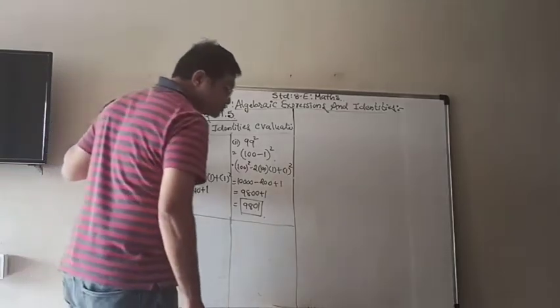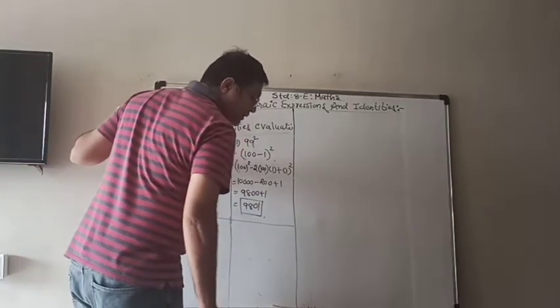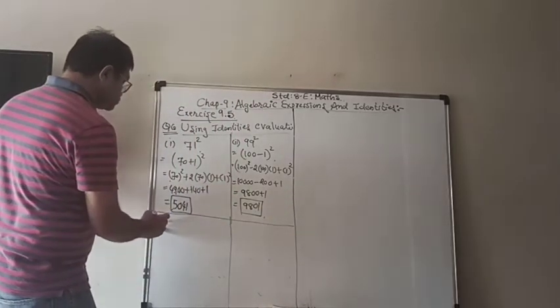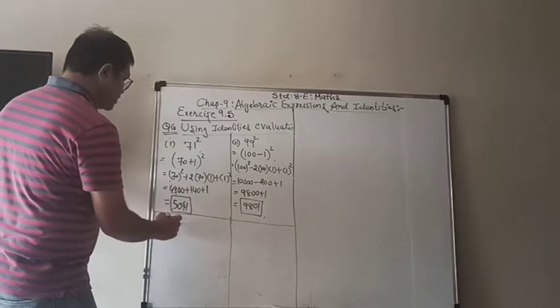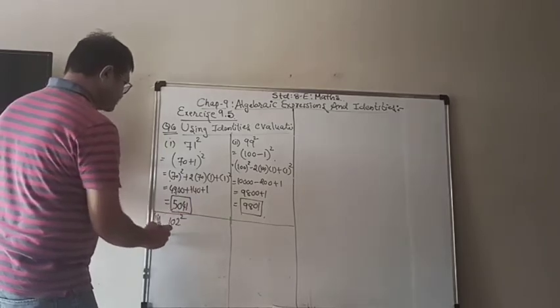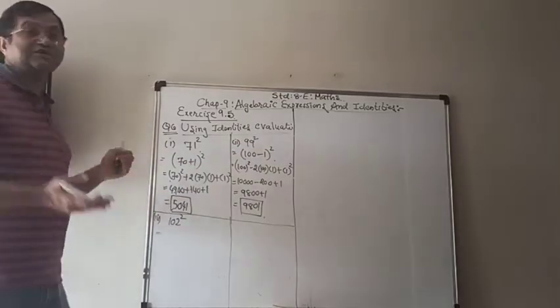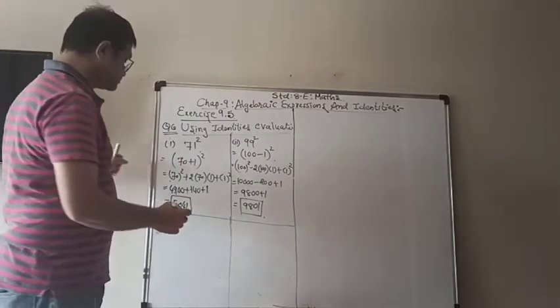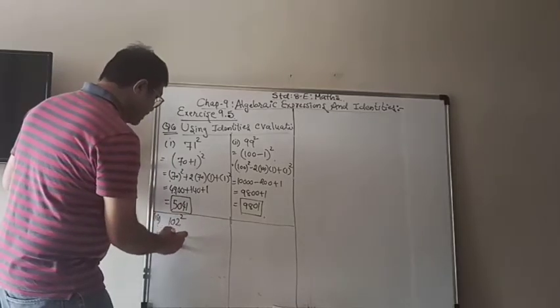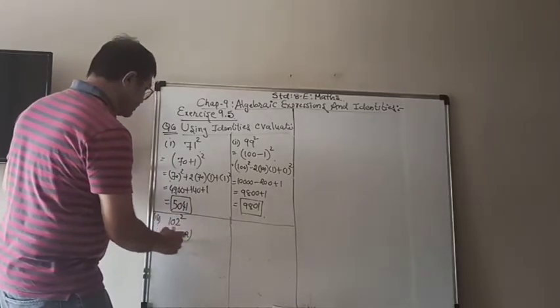Third one, 102 square. As you did 100 minus 1, here you can see that it is 100 plus 2. So that is 100 plus 2 whole square.